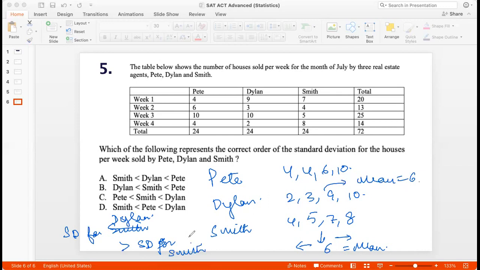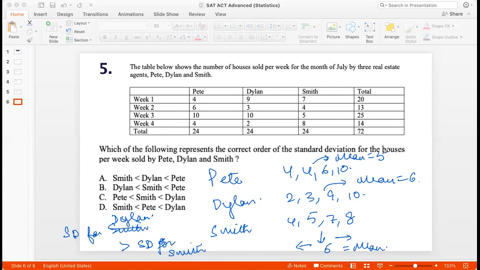Now, Pete, I think his mean would probably be 5. And Pete is showing some deviation on the right, going up to 10, right? Definitely. But on the left, it's only down to 4. So there is some spread, but it is not as great as Dylan's. But it is also not as little as Smith's.